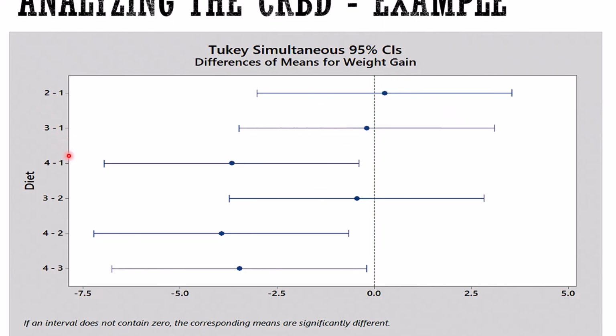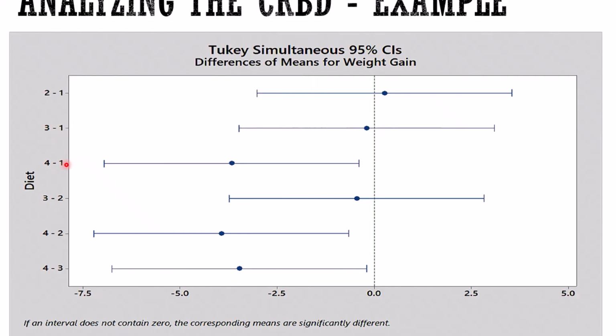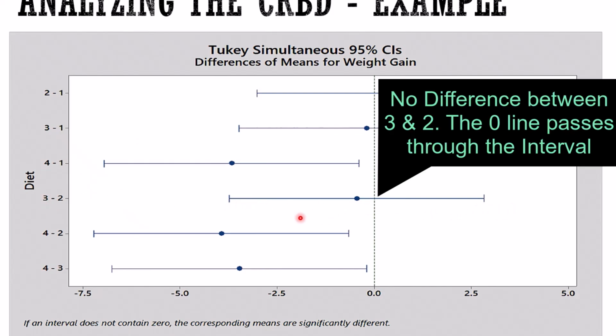As for diet 4 and diet 1, difference of 0 is not contained within this interval. This dashed line is outside of the interval, so that means there is a significant difference between diet 4 and diet 1, correct? Then 3 minus 2, again, this interval, diet 3 and diet 2, this confidence interval contains a difference of 0.